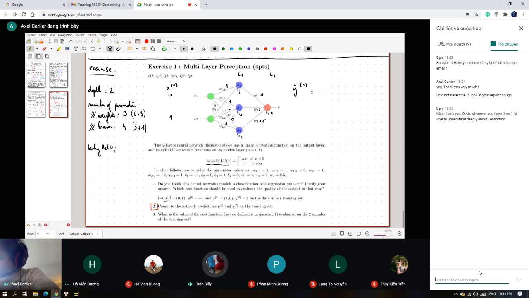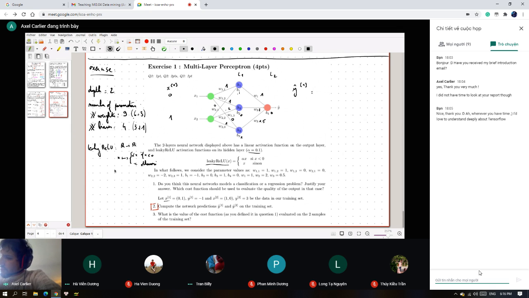From R to R, to each x it associates alpha x if x is inferior to 0 and x otherwise, with alpha equals 0.1.